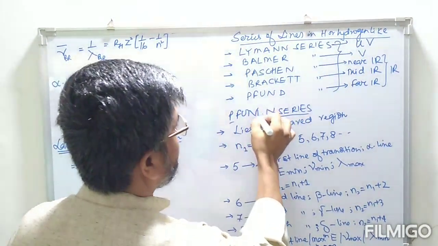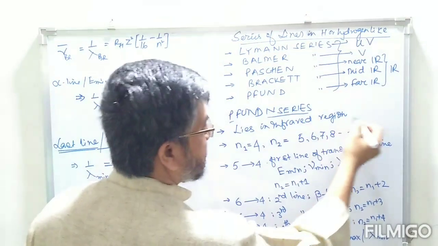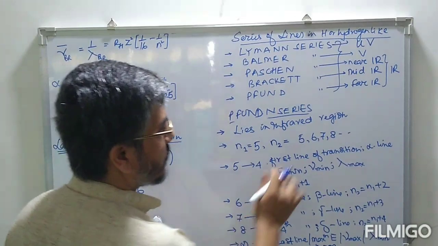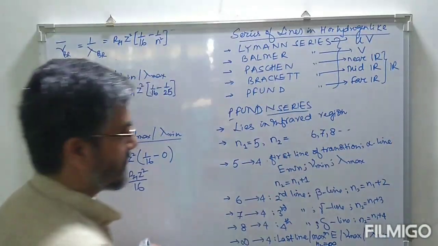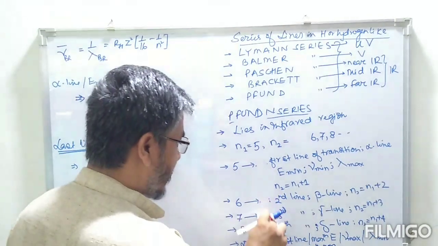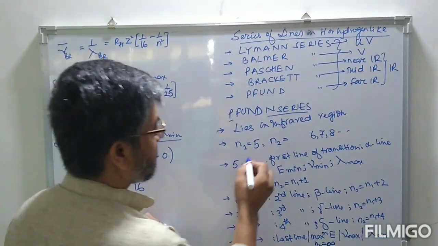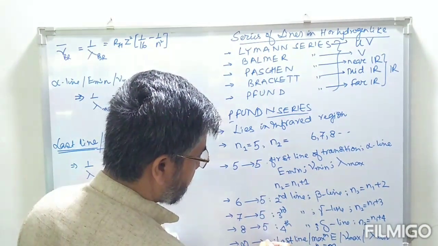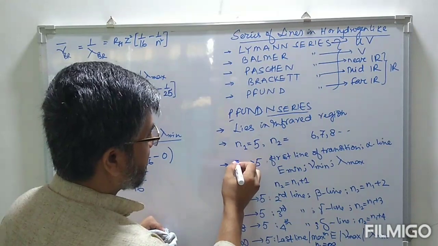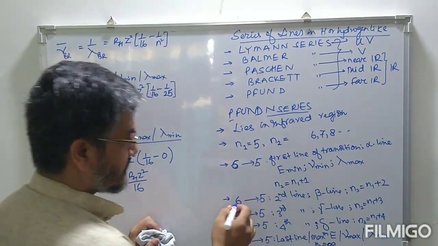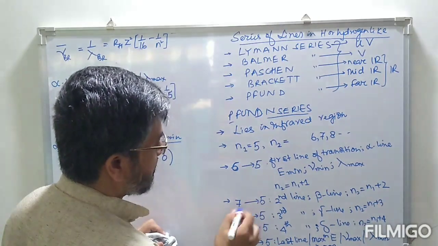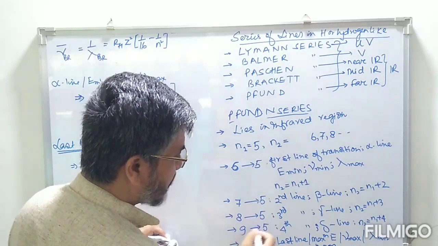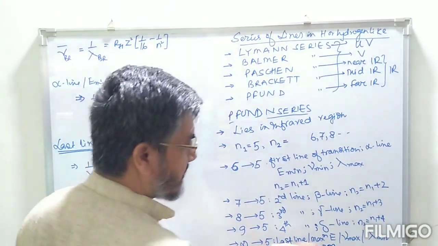again this lies in the infrared region, the value of n1 is always 5 and the value of n2 is any value greater than 5. Then the first line of transition is alpha, then beta, gamma, delta, and the last line. The electron is coming from the 6 level to 5 for the first line, 7 to 5 second, 8 to 5 third, 9 to 5 fourth, infinity to 5 last line.